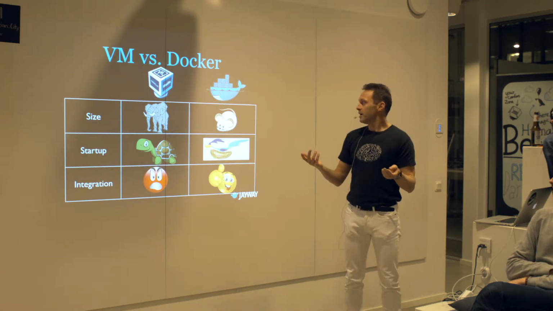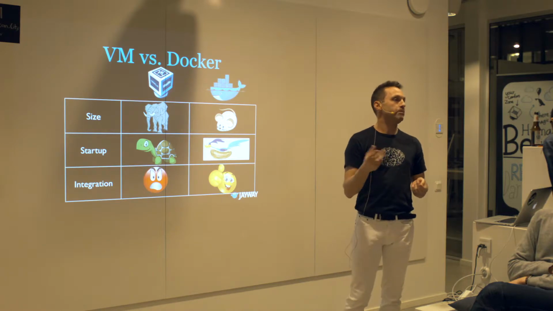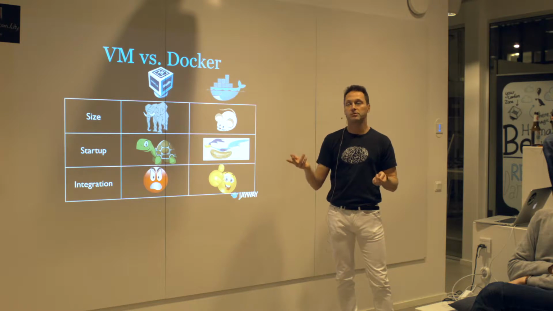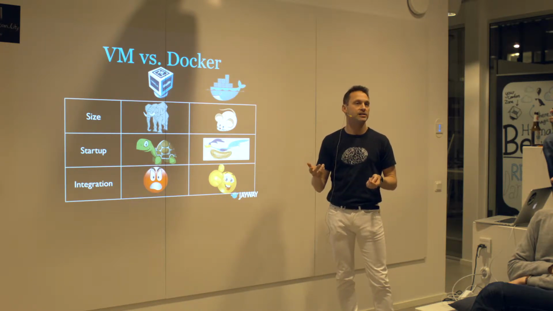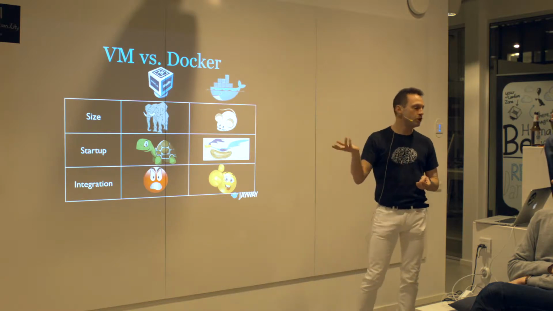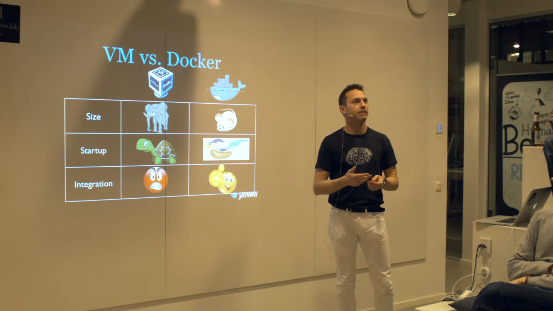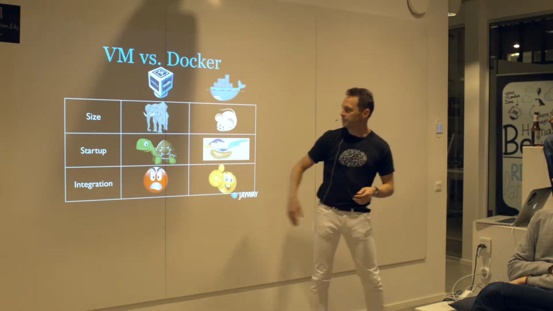But there's a distribution called BusyBox that you probably have heard of, and it's a Linux distribution, and in a Docker version it's 2.5 megabytes. And if you're using Ubuntu, I think it's about 180 megabytes.